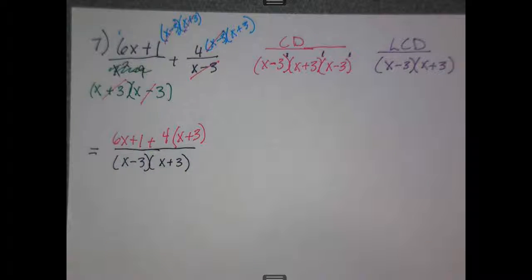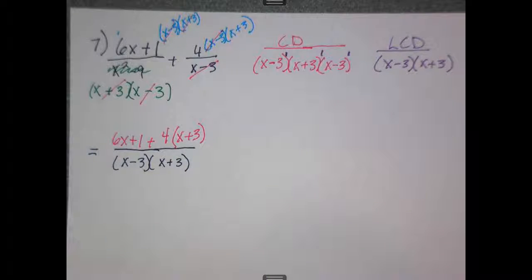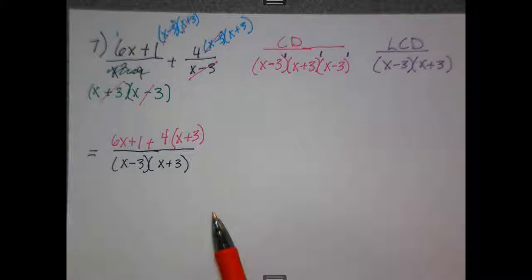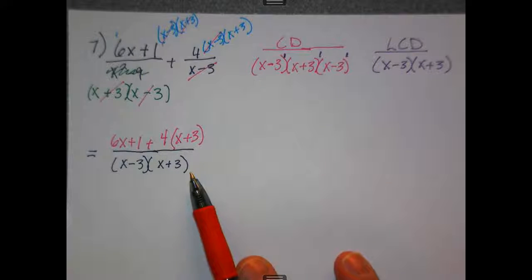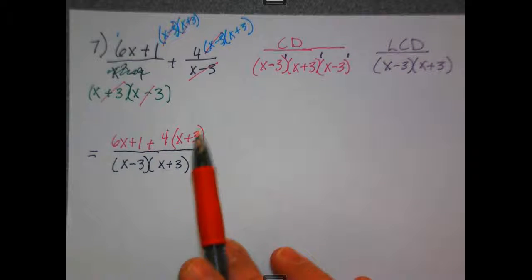Sometimes this takes a long time. Yeah, guys, this is a common mistake, and actually I did this when I was learning this. I looked at this and I said, hey, there's two x plus 3s here I can cancel out.